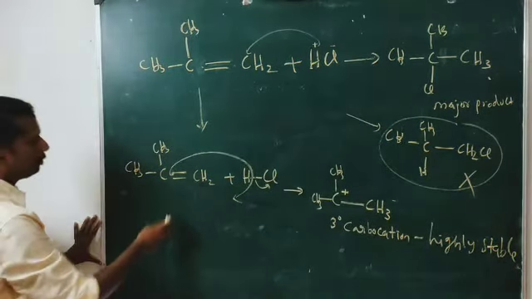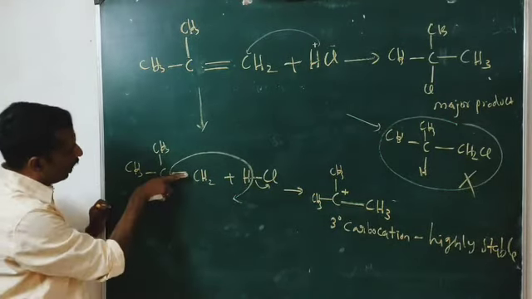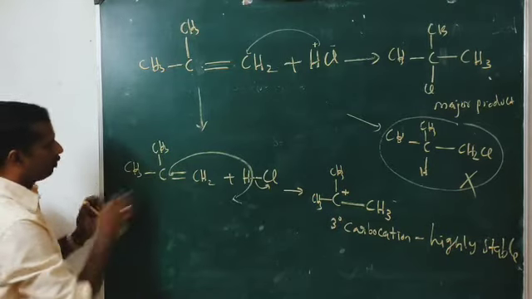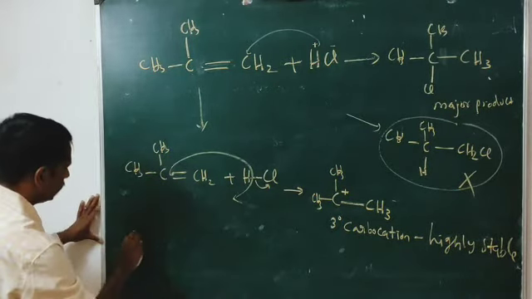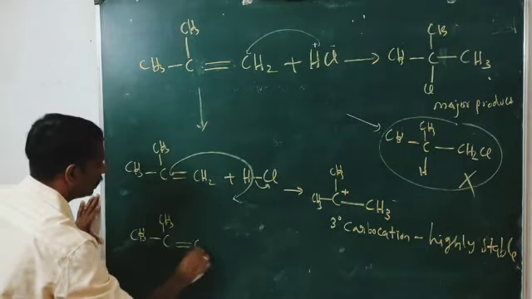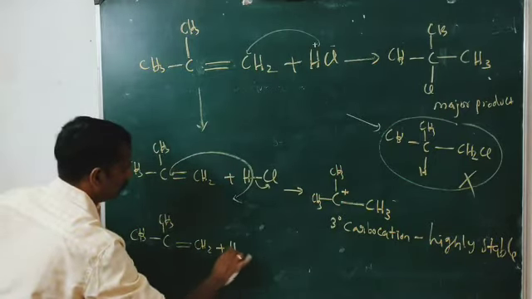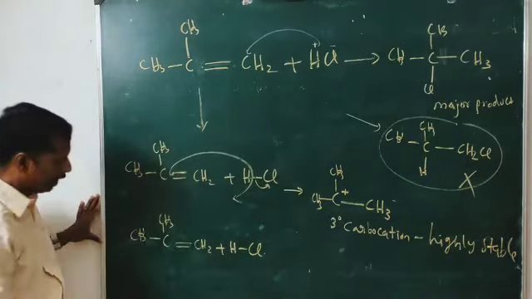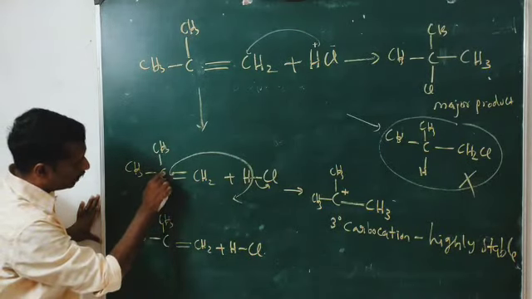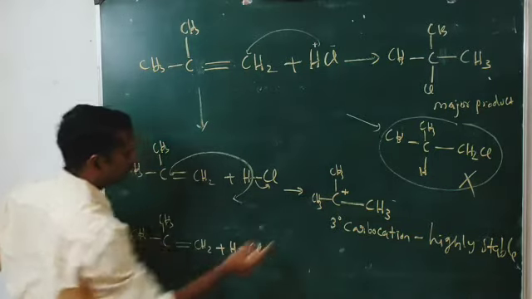Another possibility: suppose the bond breaks from this carbon. CH3 double bond CH2 plus HCl. In the first case the bond is breaking from this carbon, therefore this carbon is getting a positive charge.